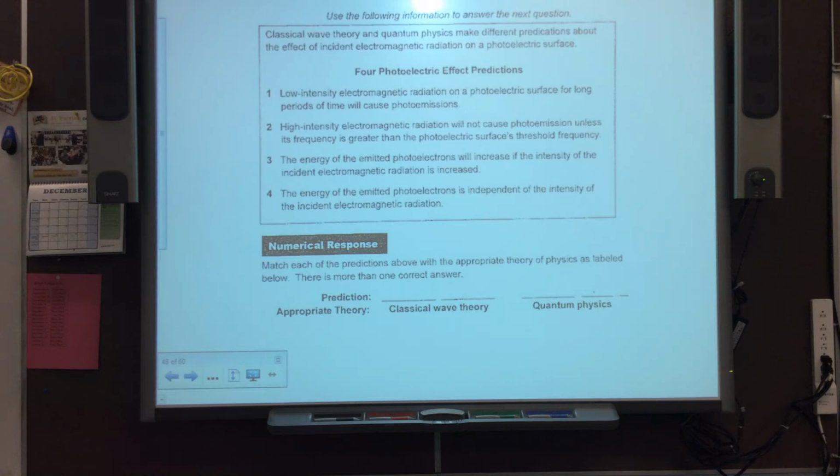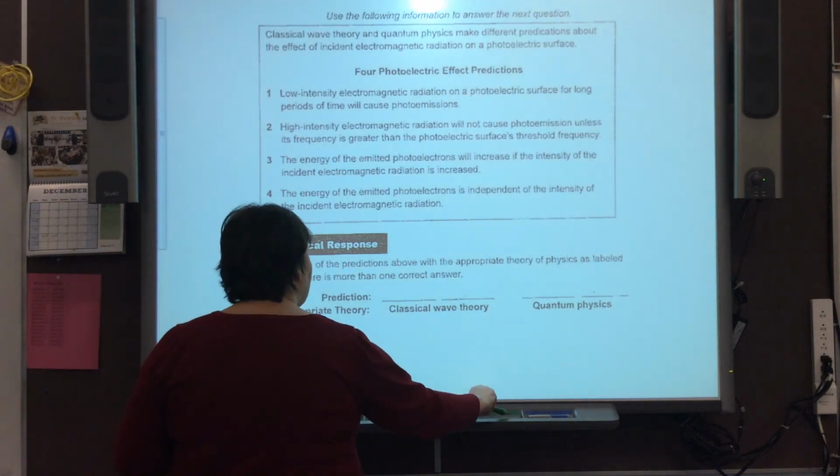The energy of the emitted photoelectrons will increase if the intensity of the incident electromagnetic radiation is increased, and the energy of the emitted photoelectrons is independent of the intensity of the incident electromagnetic radiation. So the question is asking us, match each of the predictions above with the appropriate theory of physics as labeled below. There's more than one correct answer.